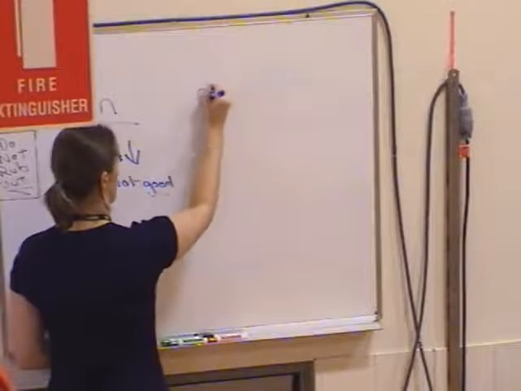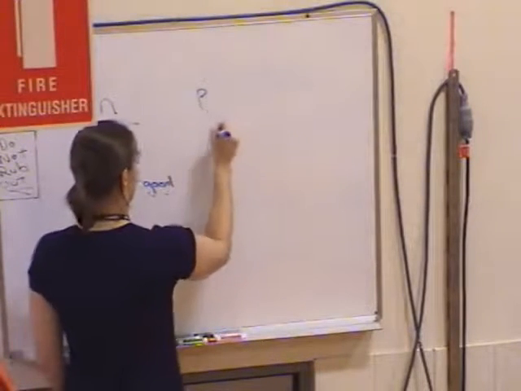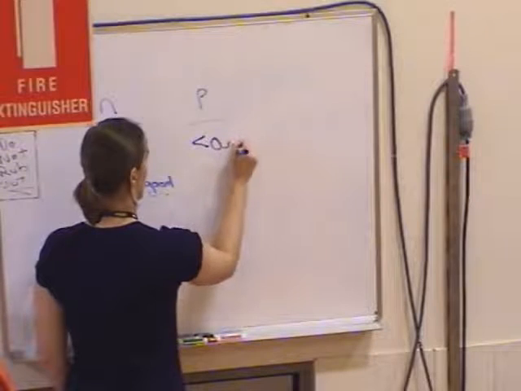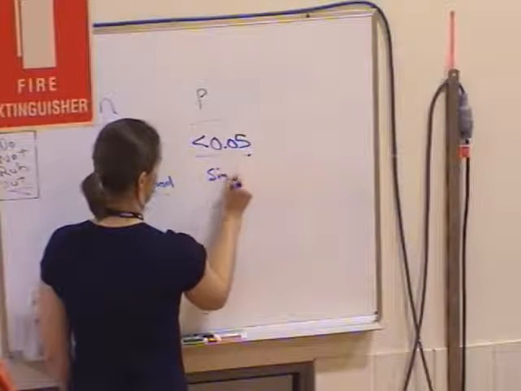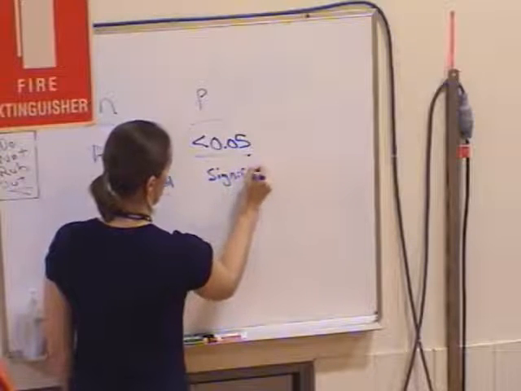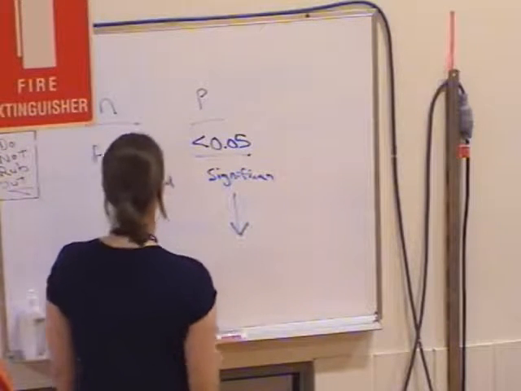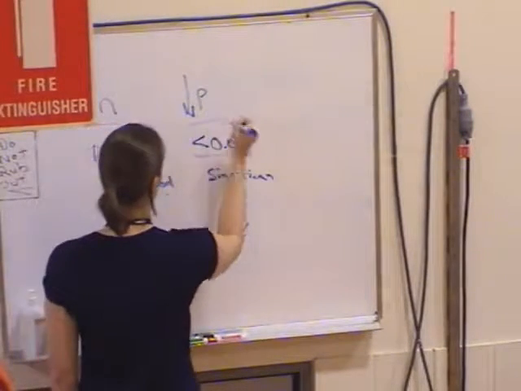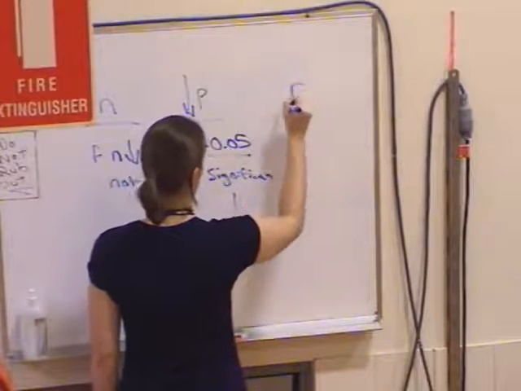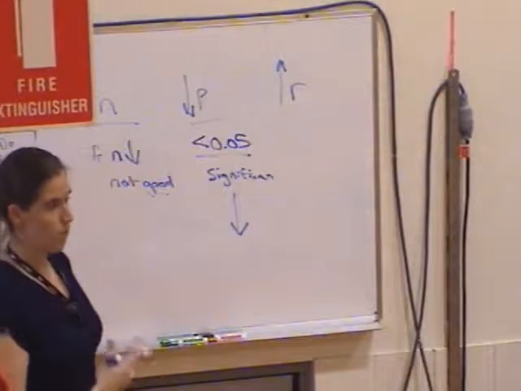For the p-value, if you get less than 0.05, that means it's significant, and you want a low p. So you want a high n, a low p, and a high r in order to have a good correlation.